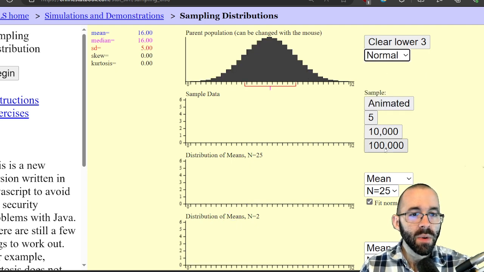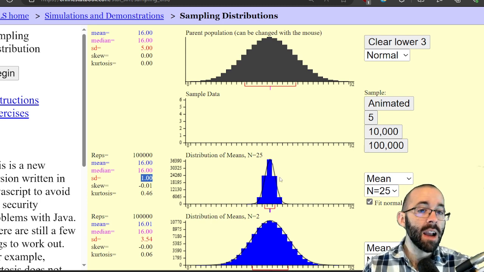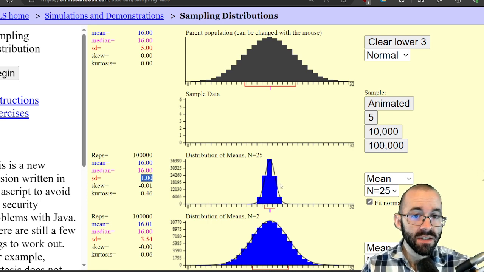We could see it even better with the original watermelon example. This is our original standard deviation. Divide this by the square root of 25. What do you get? You get 1. So this shows the randomness. This is our sampling distribution for those watermelons.